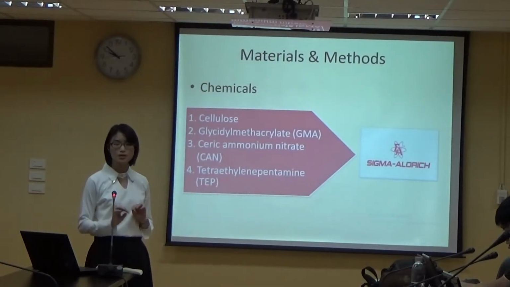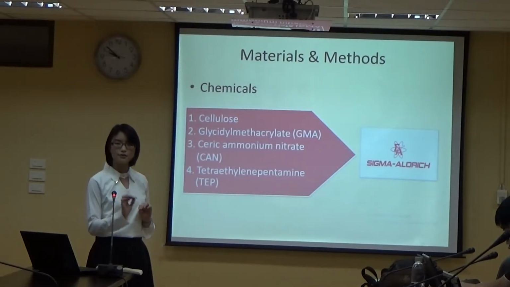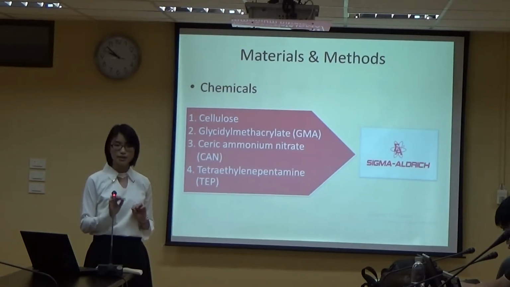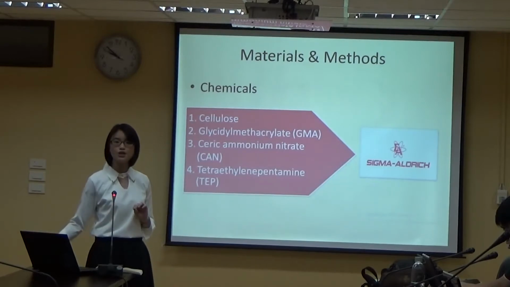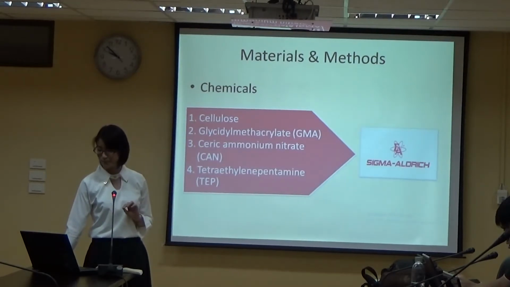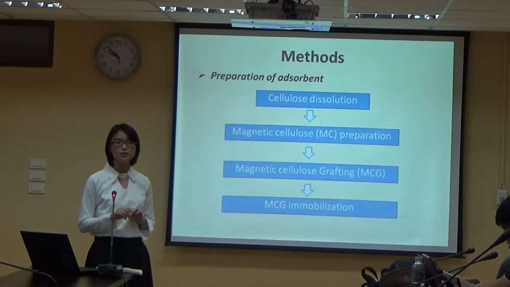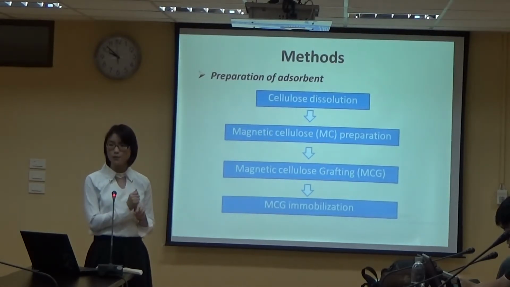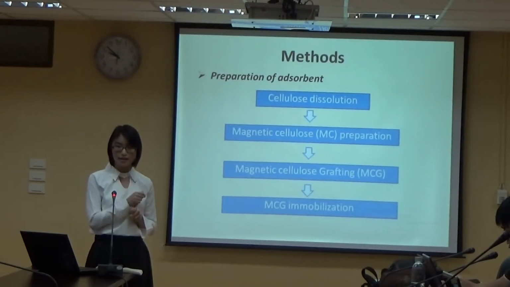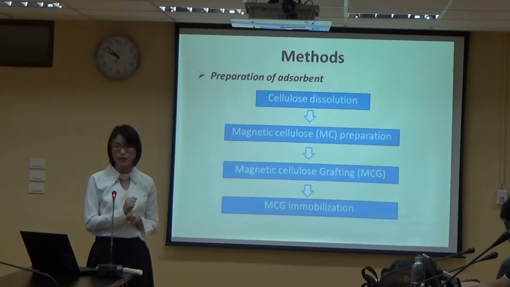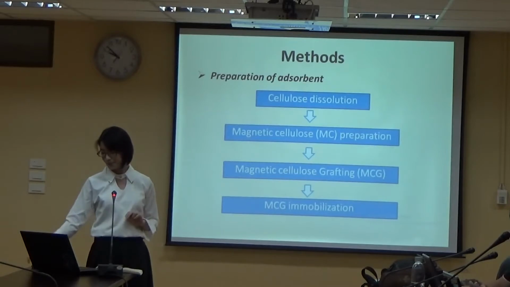For the chemicals, these are the four main chemicals used in this research paper, purchased from Sigma Aldrich. And for the method, it is mainly separated into two parts. First is the preparation of the adsorbent, and the second is the application of these prepared adsorbents.